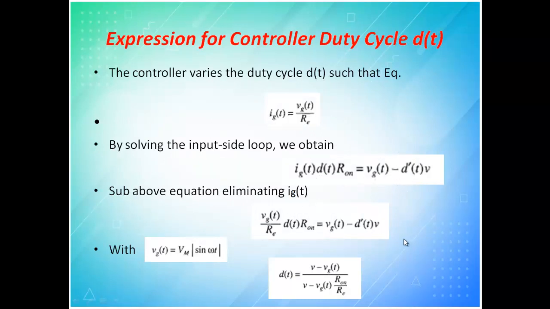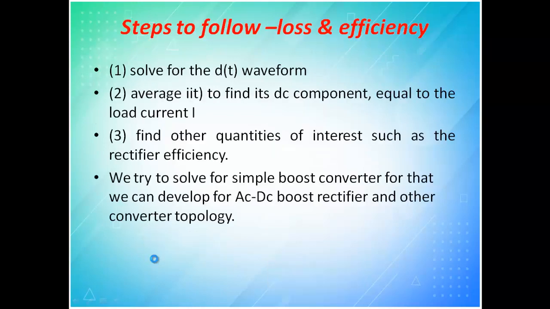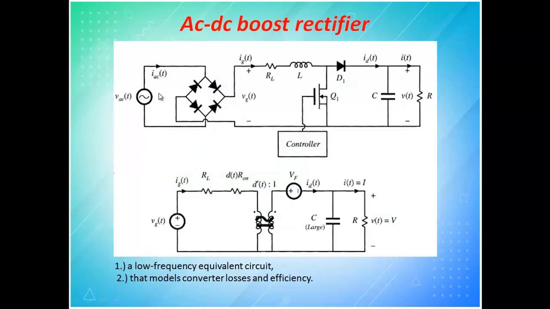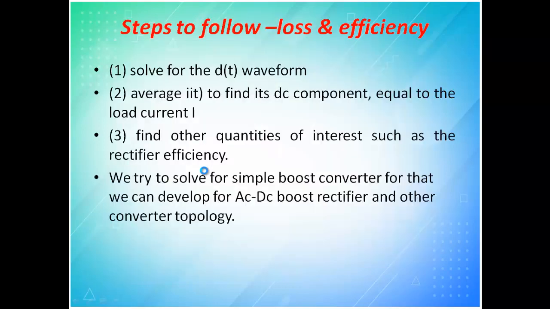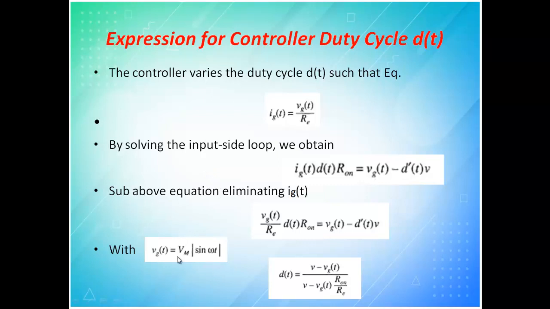Now just rearrange it, and we know that Vg of t is equal to Vm sin omega t. This Vg of t comes from this particular circuit, where you will have a sinusoidal fashion, so Vg is equal to Vm sin omega t.